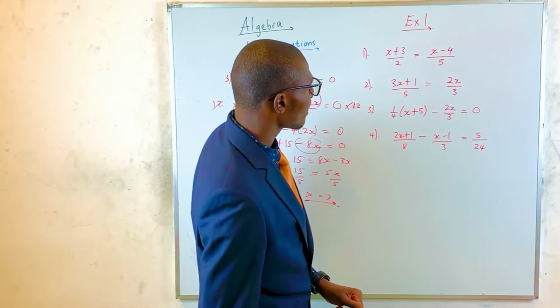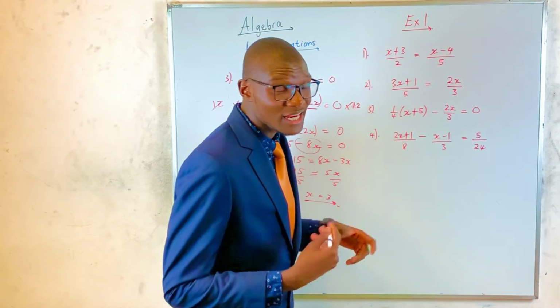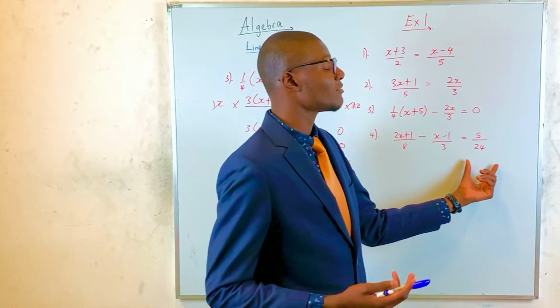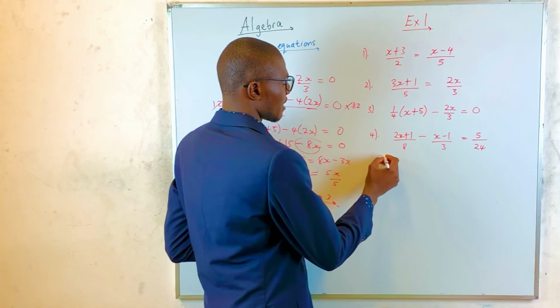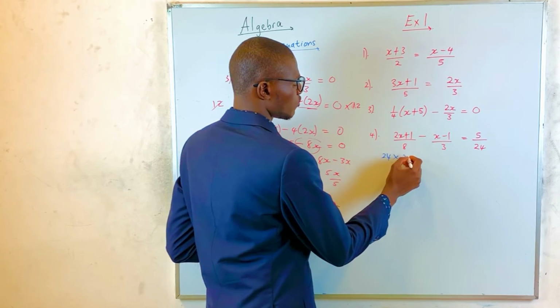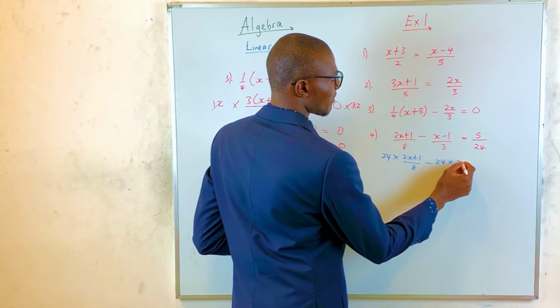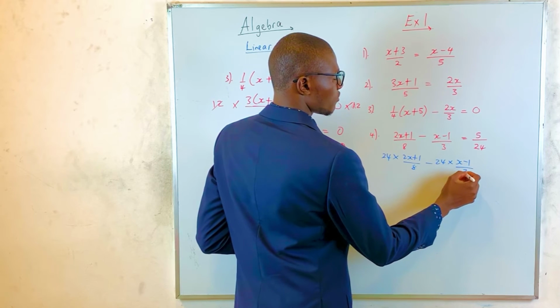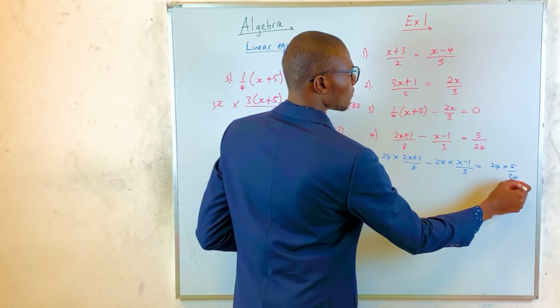So if you multiply each and every term by 24 so that we get rid of the denominator, we're saying 24 multiplied by (2x + 1) over 8 minus 24 multiplied by (x - 1) over 3 being equal to 24 times 5 over 24.